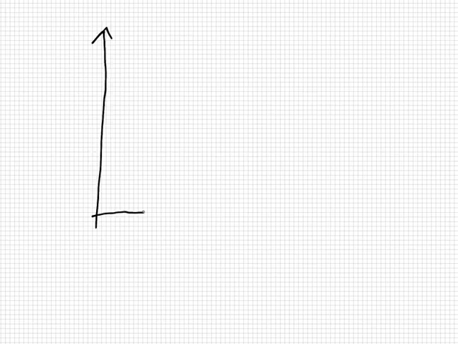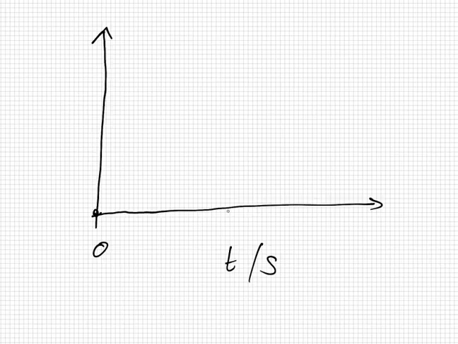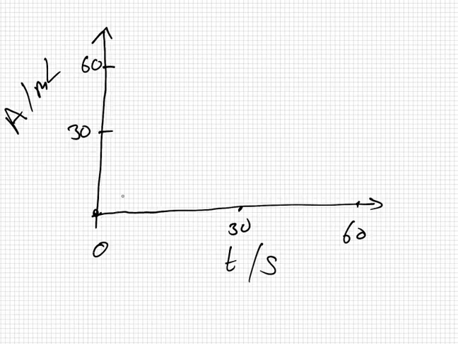Okay. Time in seconds, 0, 30, 60. What was the biggest number for activity? 60? So I'll put 60 here, 30 here. Okay, what was my first number? 20?